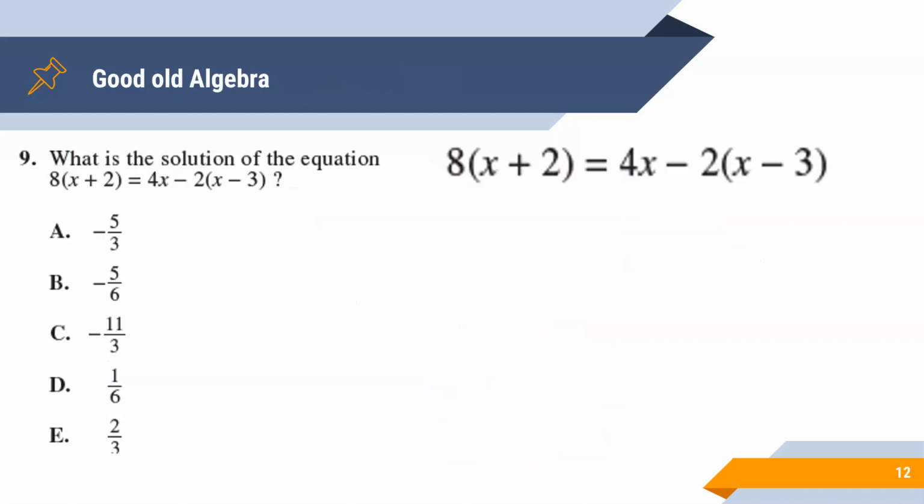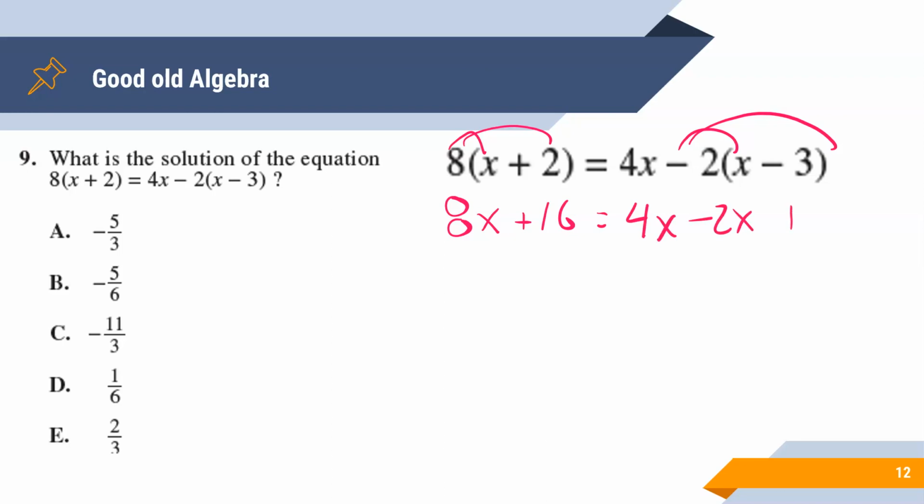Okay, last ideas. Good old algebra, solving equations. So I think we would all agree to distribute. So 8x plus 16. And over here, 4x minus 2x, and then plus 6. Remember, you're distributing this -2 to both of those. I think we probably should combine those two values next.